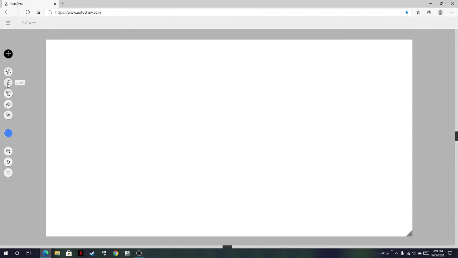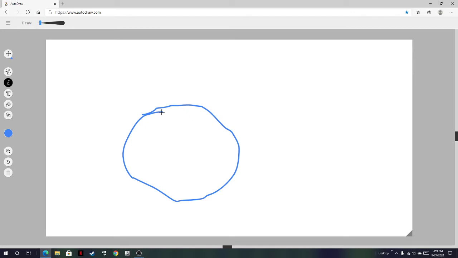Well, first let's start with a circle that is a pretty bad circle. We start with a circle. That's the best I can do. And we have two lines like this.